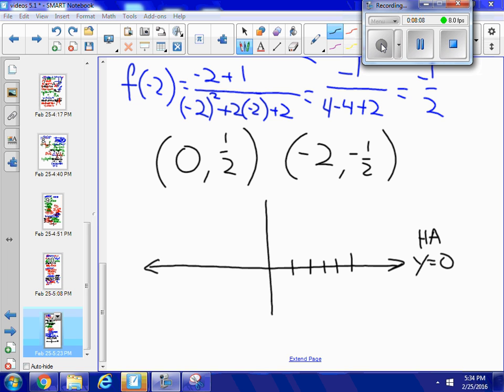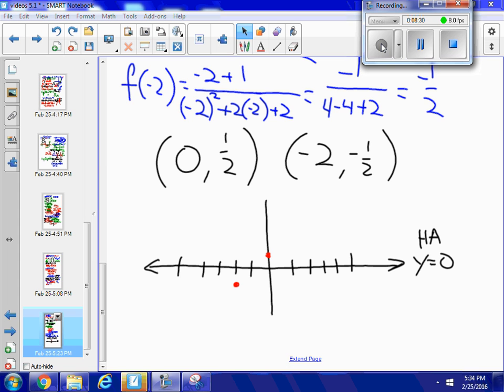I know that I have one turning point at 0, 1/2, and another one at negative 2, negative 1/2. Those are the only places my graph could turn.